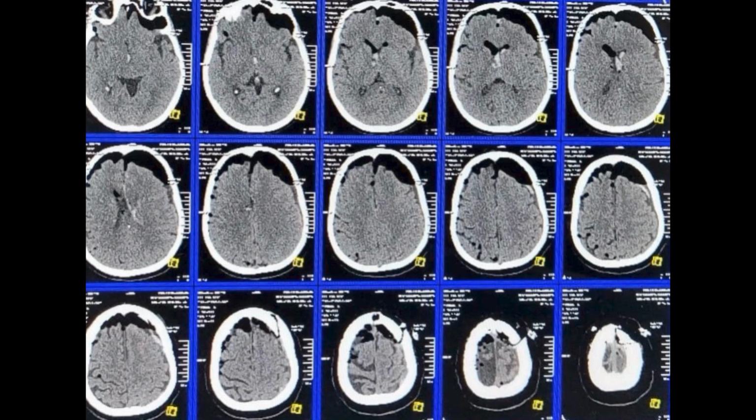This is the post-op scan of the patient. She was extubated on POD 0. She had no new deficits with a normal post-operative scan.